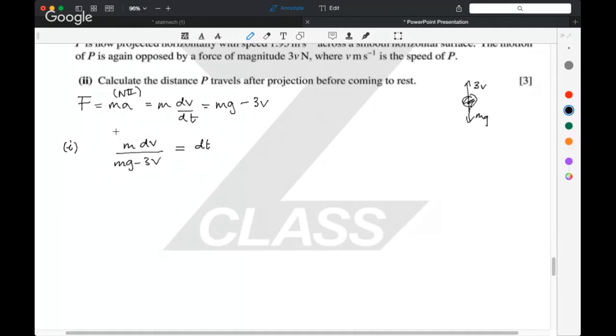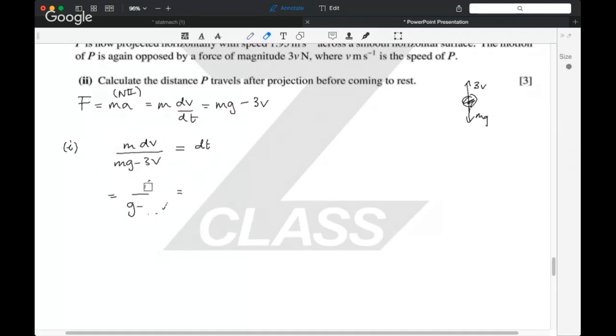Well, if I divide these things, maybe it'll be a bit more obvious what I'm doing. If I do this, that's equal to that. I've divided top and bottom by m. Actually, you know what?